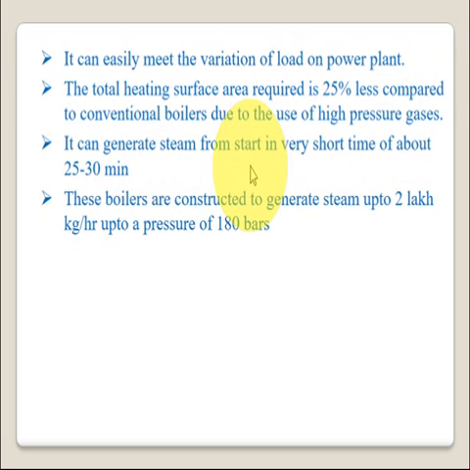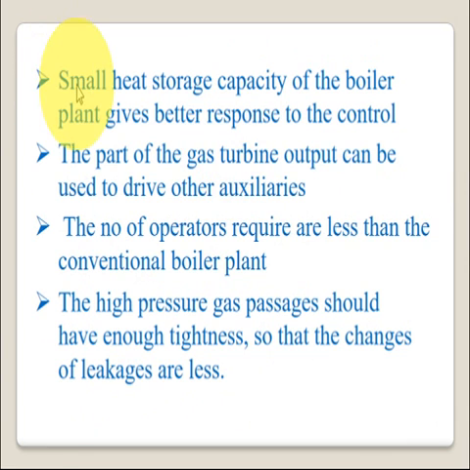It can generate steam from start in a very short time, about 25 to 30 minutes. These boilers are constructed to generate steam at a very high rate, around 2 lakh kg per hour, up to a pressure of 180 bar. The small heat storage capacity of the boiler plant gives better response to control.